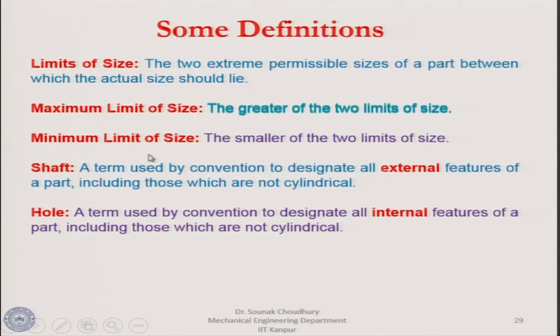So, maximum limit and minimum limit are the variations of the limit of size. The terms shaft and hole are used by convention to designate all external features of a part, including those which are not cylindrical, and internal features are designated through the term hole.